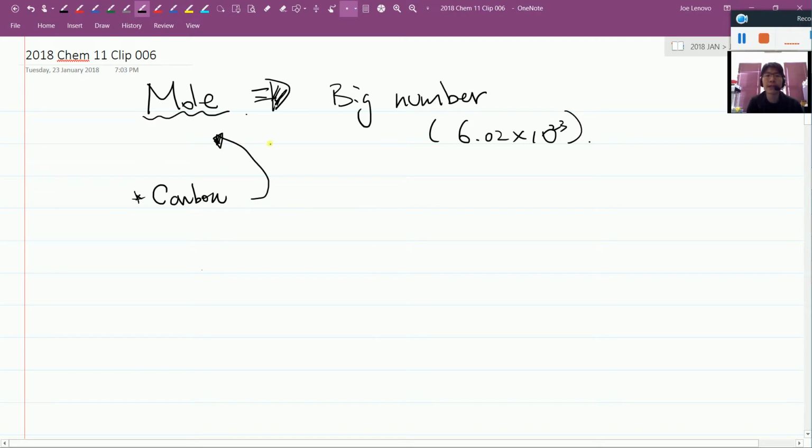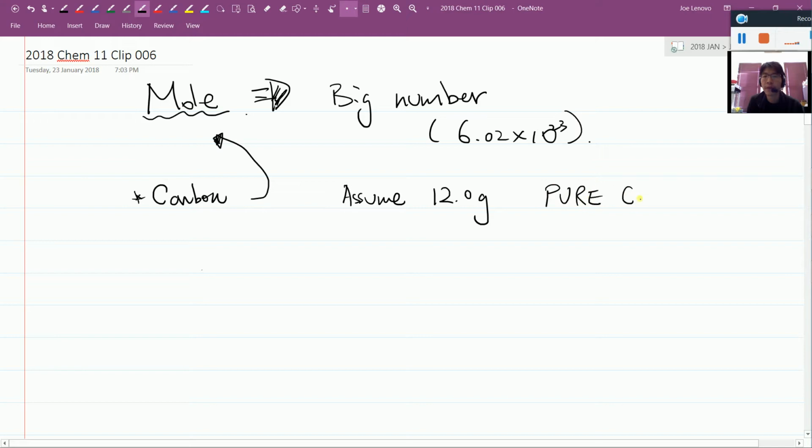What is the mole related to carbon? It is basically the beginning point of all these mole calculations, and we have to assume 12 grams exactly of carbon atoms, or 12 grams of pure carbon.